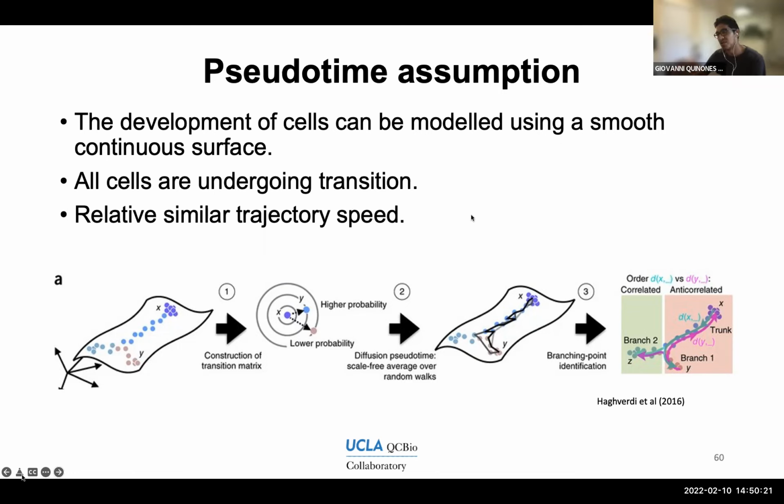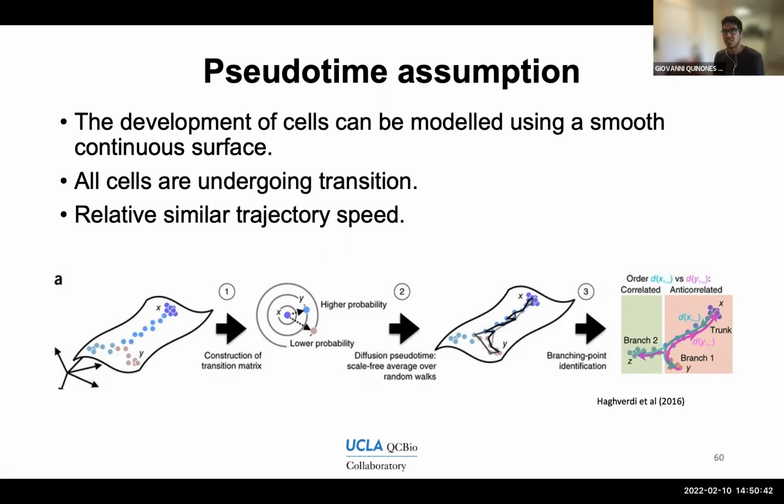So how we motivated pseudo-time analysis is that we're trying to figure out how these cells go from the pluripotent state, or from the stem cell state, to the more differentiated cells, right? So we care about that trajectory.